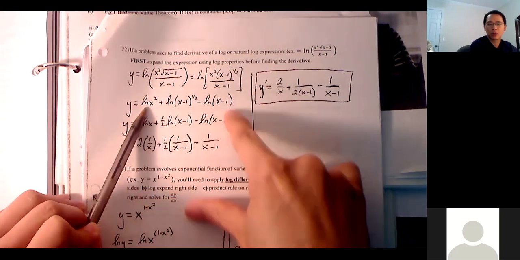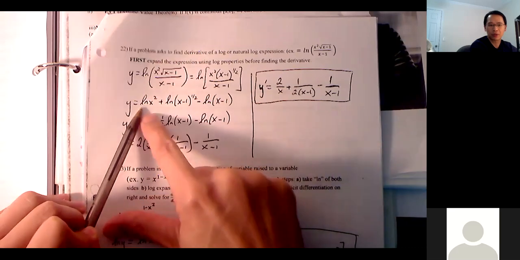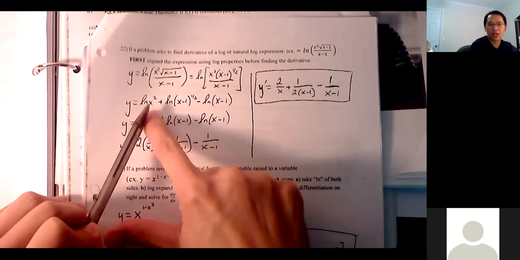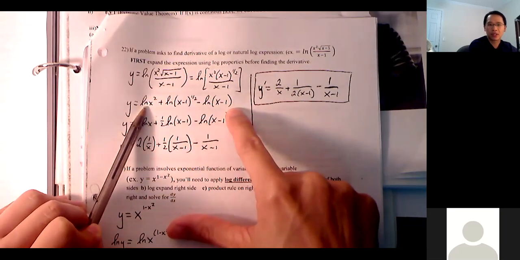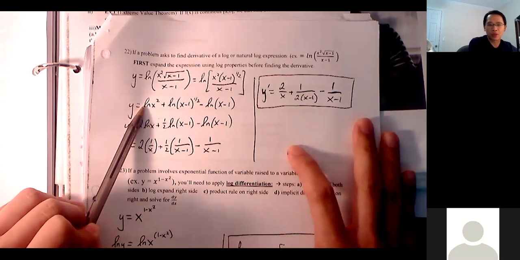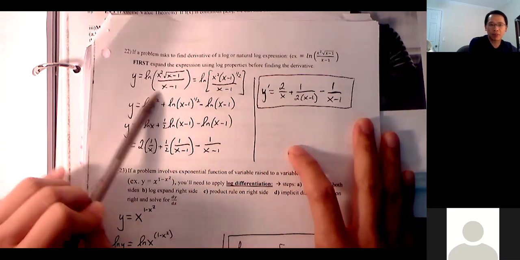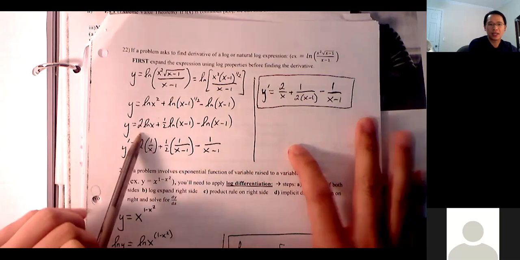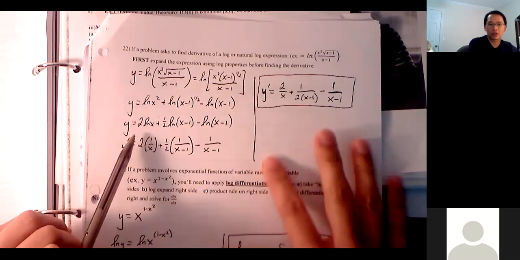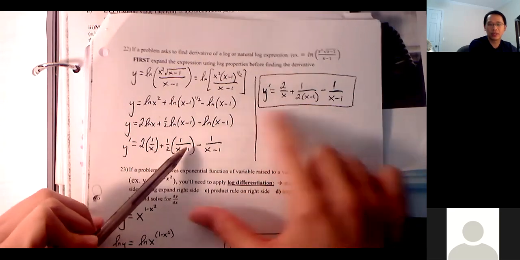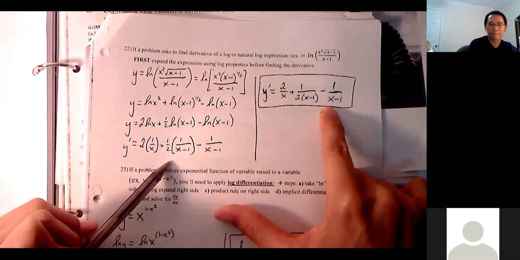So now we're able to divide and conquer, splitting everything up into individual terms, and then we'll have a much easier time with the derivative. We can continue expanding, bringing the exponents down in front. And now we have 3 easy problems to do: u prime over u, u prime over u, u prime over u, and that's our derivative.